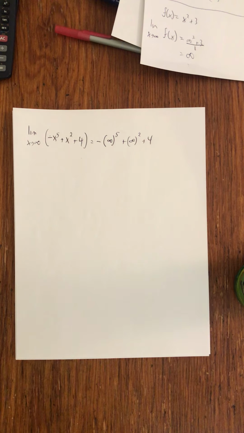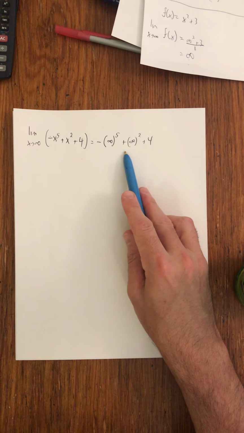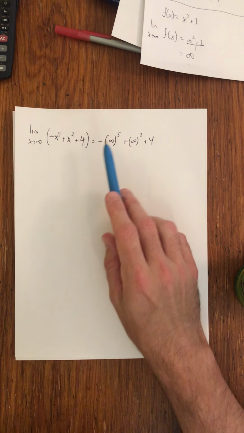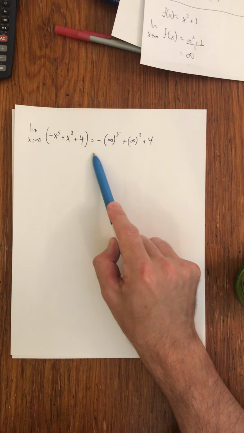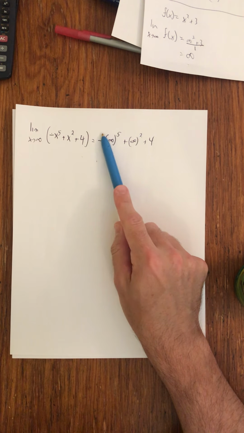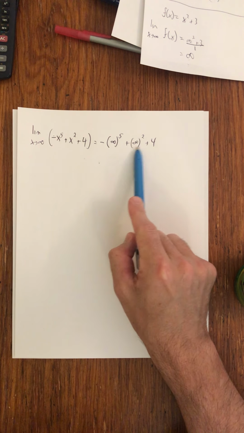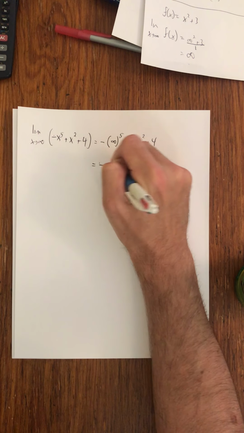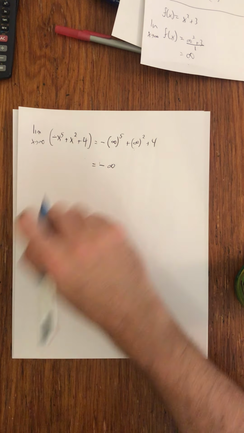Now, if you look at this, I'm going to have negative infinity plus infinity, really. But don't let that fool you, because if we were to do this on a table, you would find that this term is trending towards negative infinity a lot quicker than this term is trending towards positive infinity. And therefore, the answer here is negative infinity.